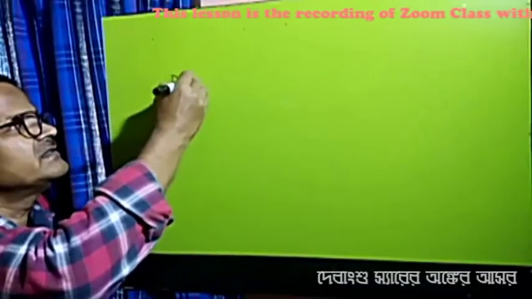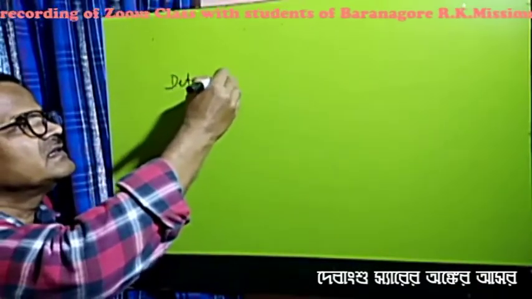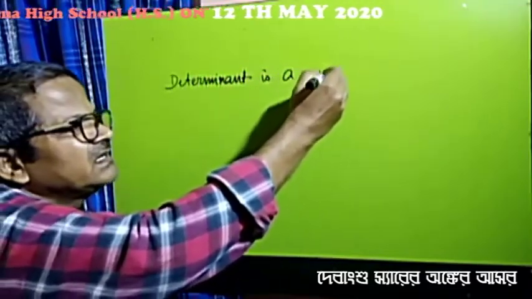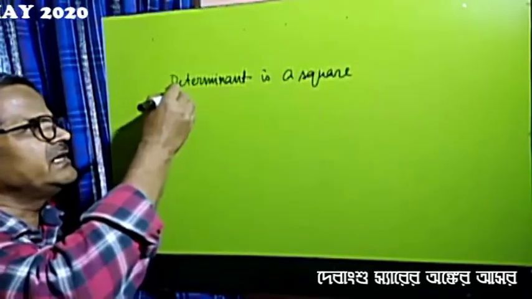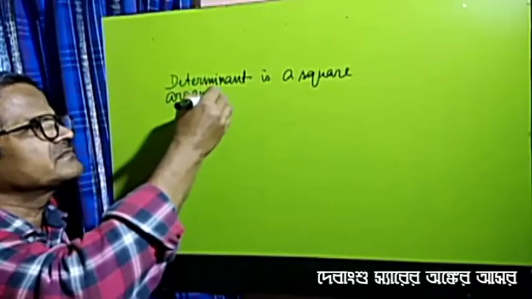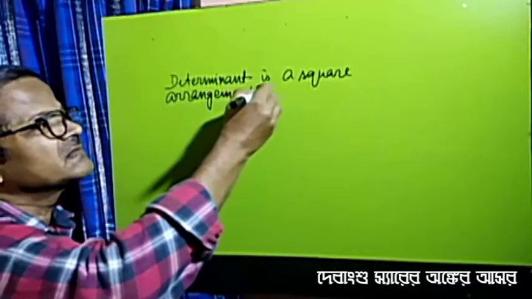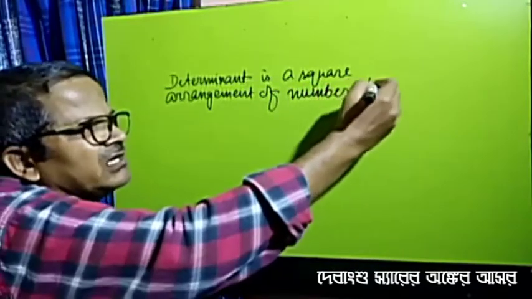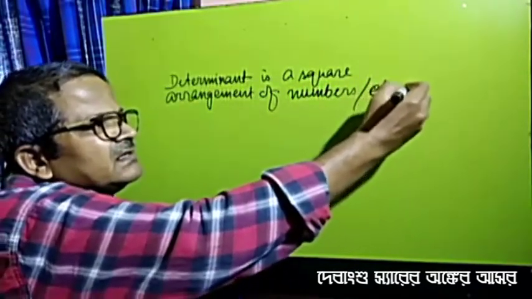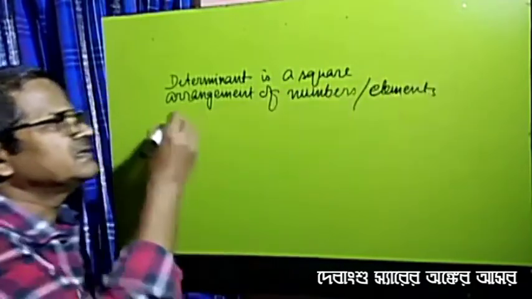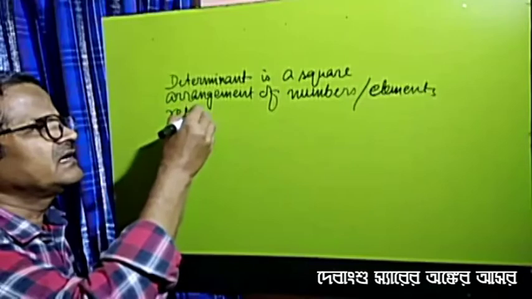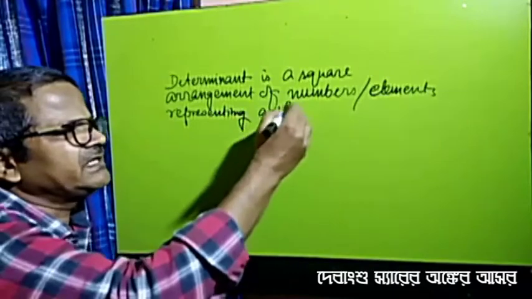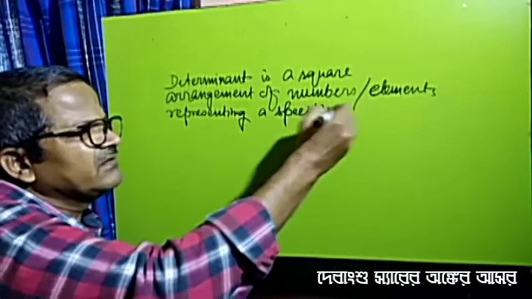A determinant is a square arrangement of numbers called elements, representing a specific value.